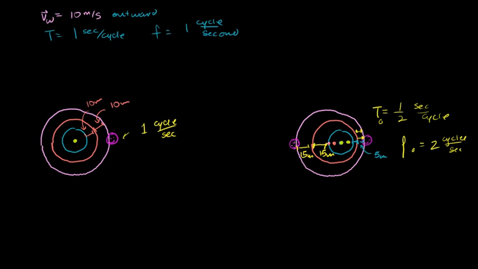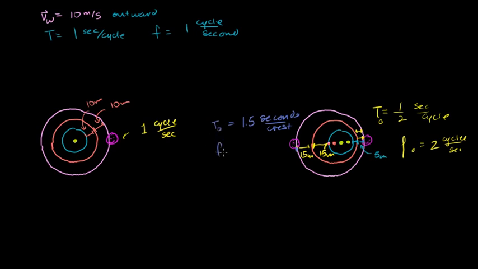Now this guy's going to experience the opposite thing. Let's say that this crest is just passing him by. How long will it take for the next crest to cover that 15 meters? Well, they're going at 10 meters per second. It's going to be 1.5 seconds per crest. That's going to be the observed period for this guy.